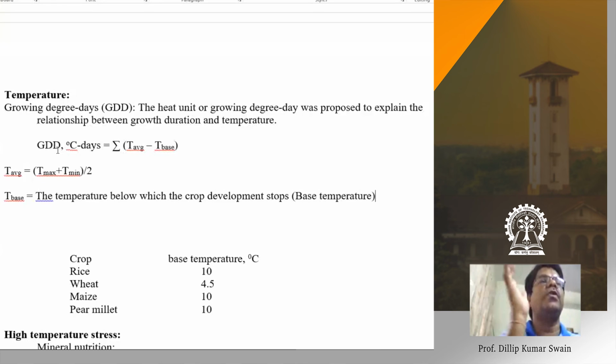If you know the growing degree days for a particular growth stage, the average temperature of that location, and the base temperature, which is a constant for a particular crop, then we will be able to determine the exact date when the crop is going to transfer from that stage to another stage.